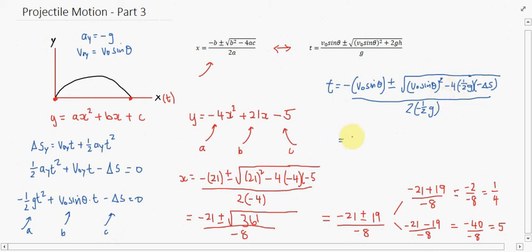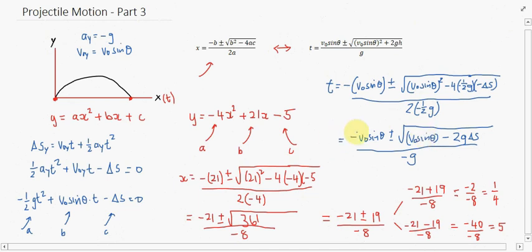Okay, so 4 times a half is negative 2, and all of that would just simplify to the following: negative v naught sine theta plus or minus the square root of v naught sine theta squared minus 2 g times delta s, all of that over negative g. So 2 times a half is just negative.